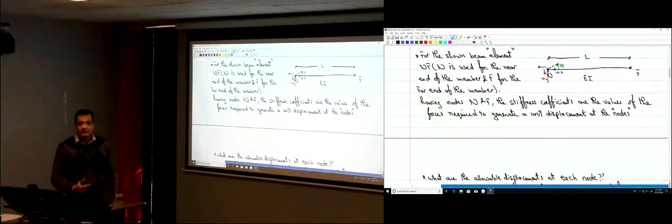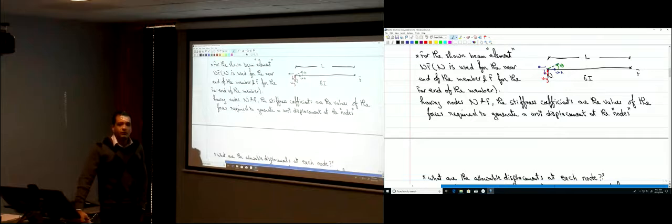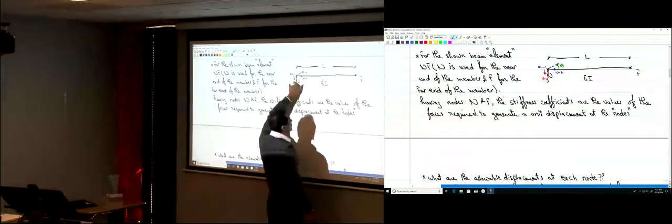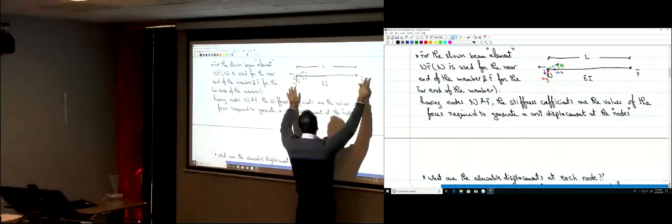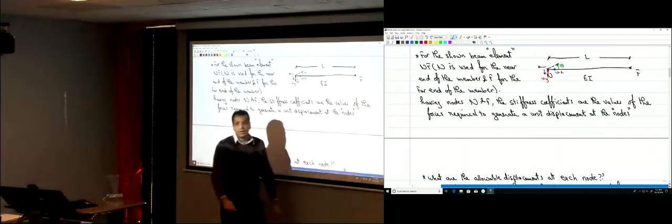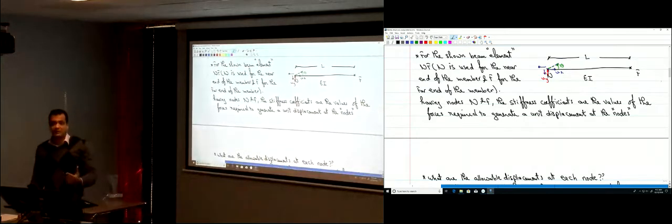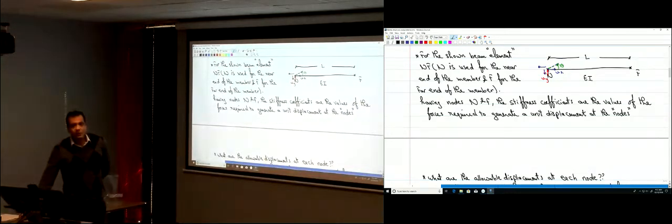If we want to write the stiffness equation, we have to relate the 4 forces, the vertical force and the moment here, and the vertical force and the moment here, to the 4 displacements. So actually, it's not just one stiffness equation. It's a set of 4 equations relating the 4 forces to the 4 displacements.